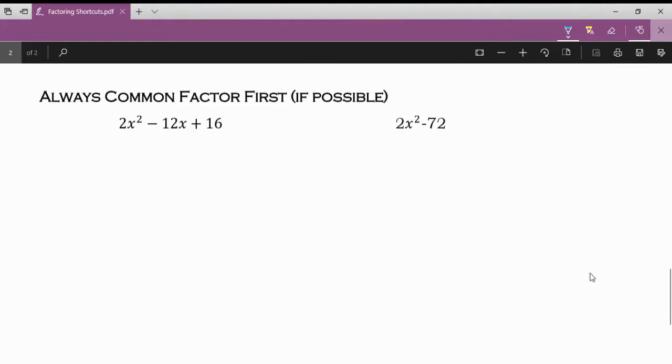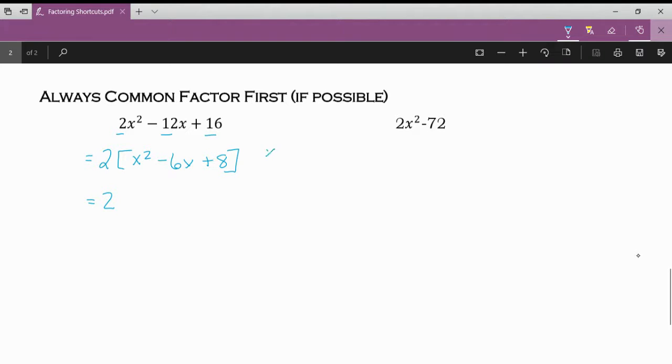Now, the thing to always remember is that you have to common factor first. So if we look at our first example, we want to remember that it looks like all of our terms are divisible by 2. So we want to factor out that 2 first. So we've got x squared minus 6x plus 8 when we factor out that 2. And here, inside of our brackets, we've got the simple trinomial.